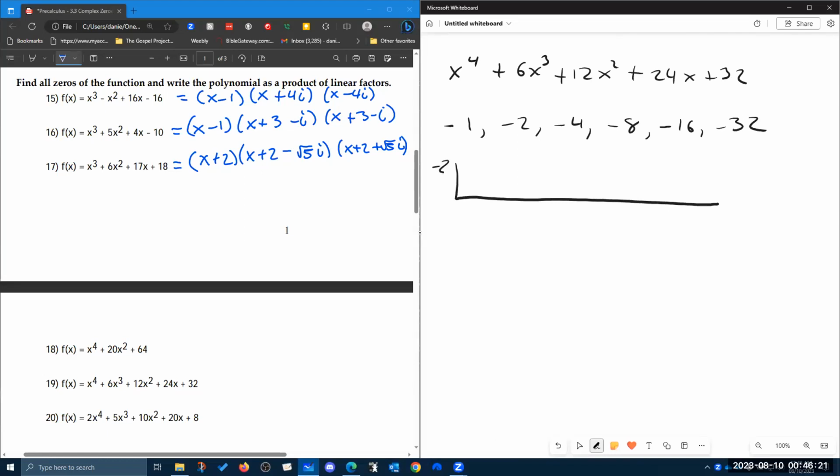Let's try -2. 1, 6, 12, 24, 32. That looks like that's going to factor by grouping now.